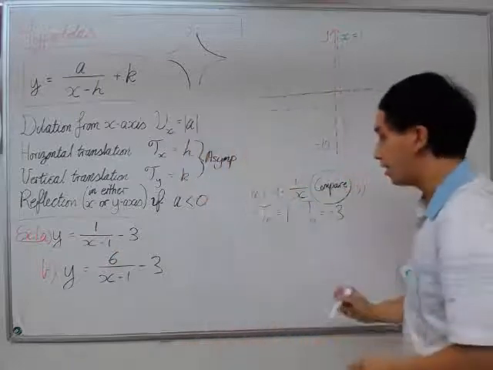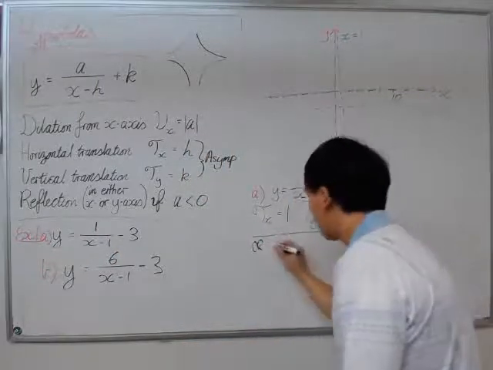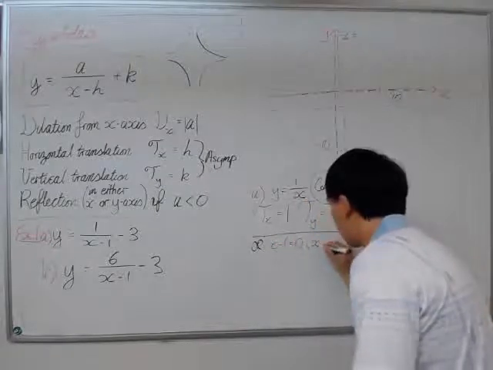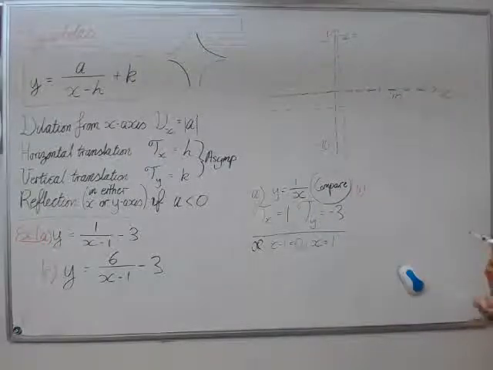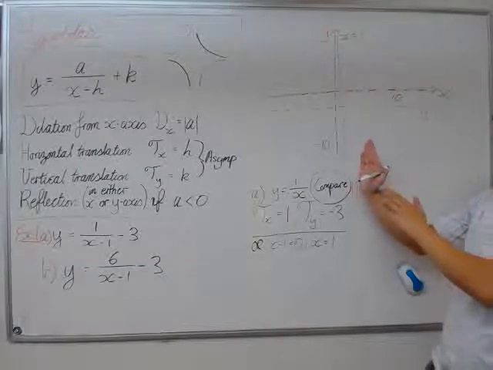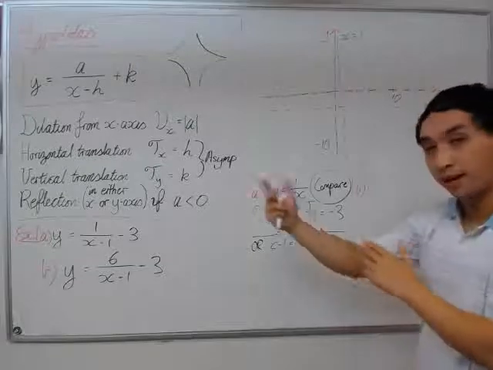So alternatively, set x minus 1, the denominator, equal to 0. And over here, we know one of the asymptotes is 1. So this means that y is undefined when x is equal to 1. When you want to find out when x is undefined, make x the subject.